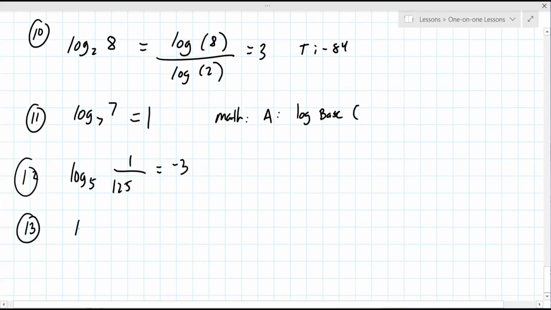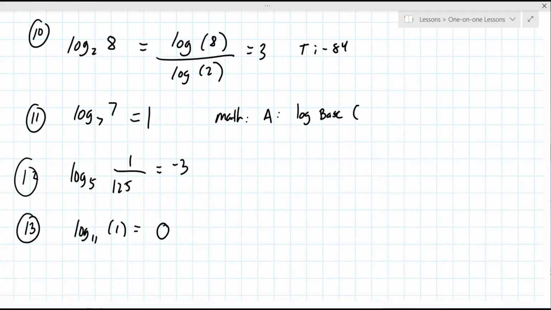For 13, log base 11 of 1 equals 0. All right, I got those.